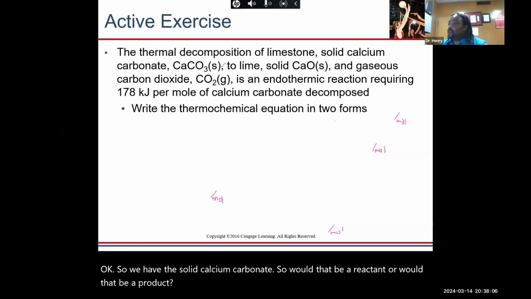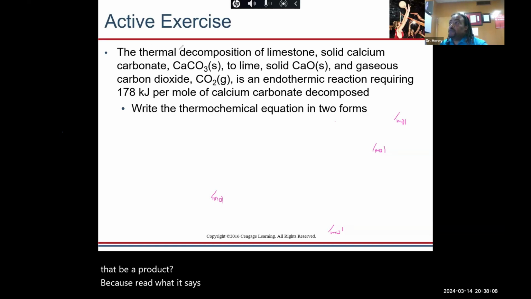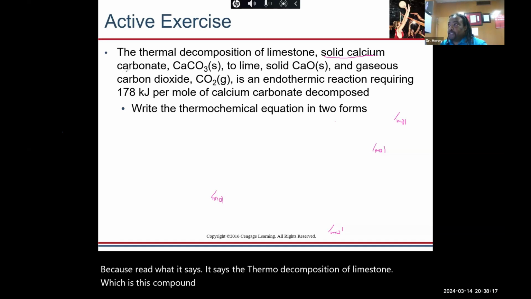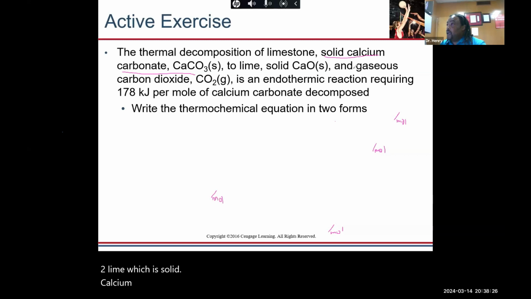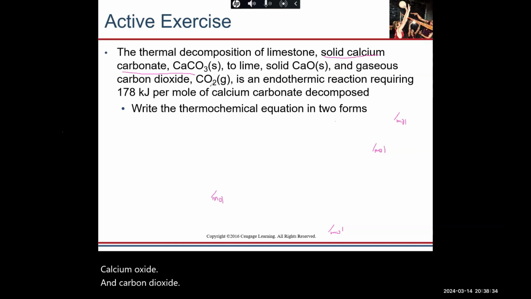Read what it says: the thermal decomposition of limestone, which is solid calcium carbonate, to lime, which is solid calcium oxide, and carbon dioxide. So would it be a reactant? That would be a reactant.